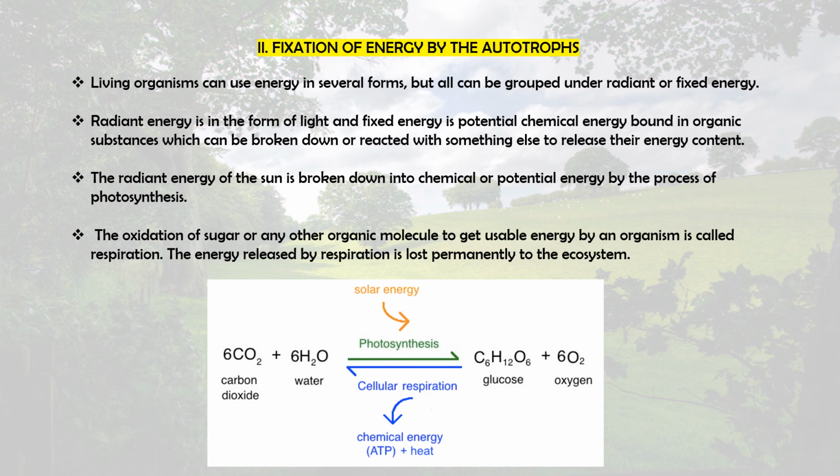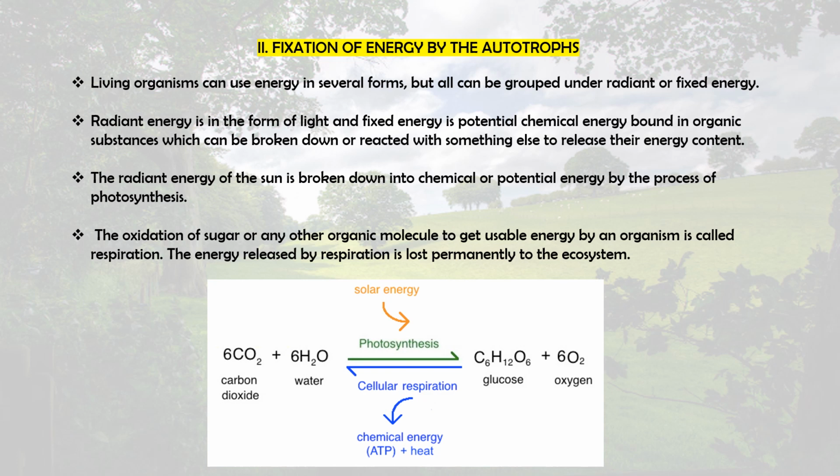Living organisms can use energy in several forms, but all those energies are grouped under two categories, that is radiant or fixed energy. Radiant energy is like light energy, which is of electromagnetic waves, and fixed energy is the potential chemical energy that is bound in organic substances, which can be broken down or reacted with something else to release their energy content.